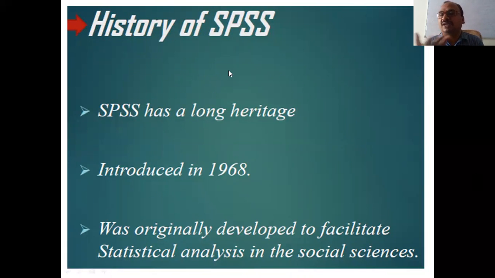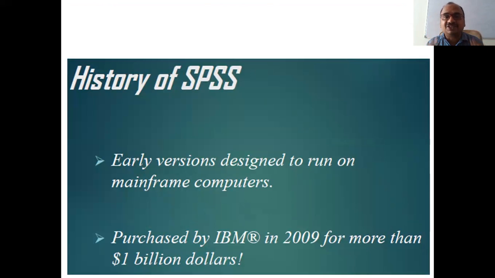History: we know it has a long heritage, a long history, introduced in 1968. It was originally developed to facilitate statistical analysis in the social sciences initially. Nowadays, all fields are using SPSS, not only pharmacy, all fields. The early version was designed to run on mainframe computers only, in olden days.